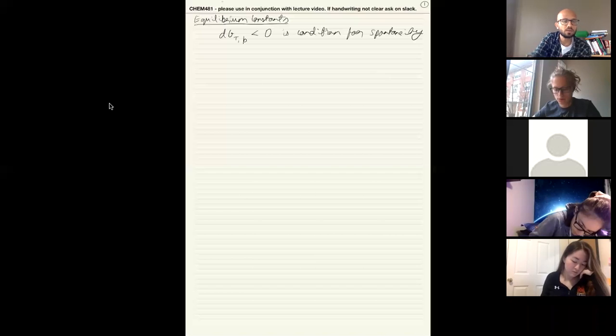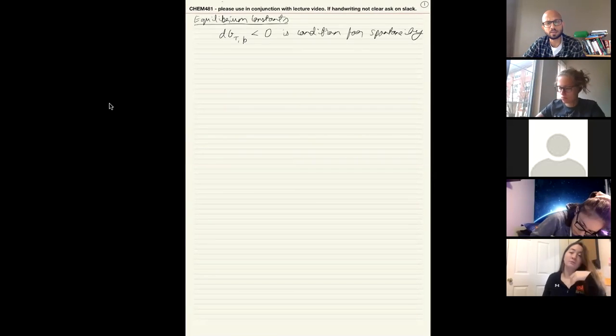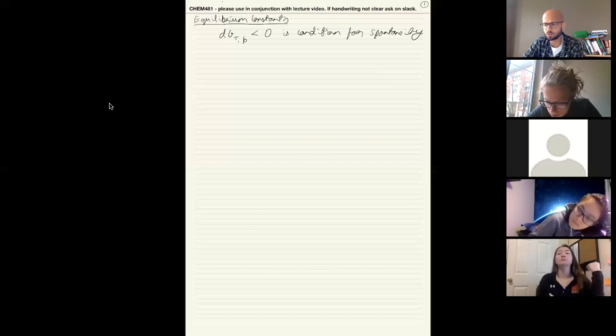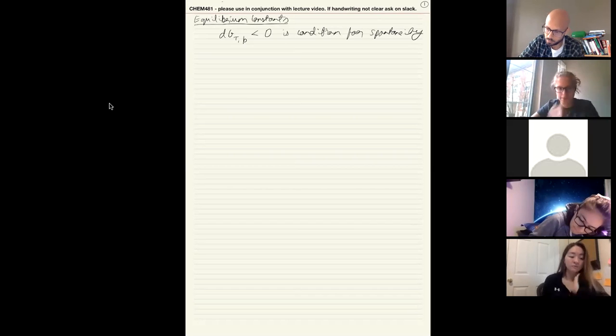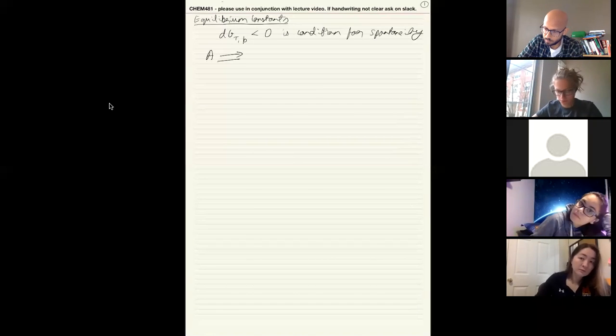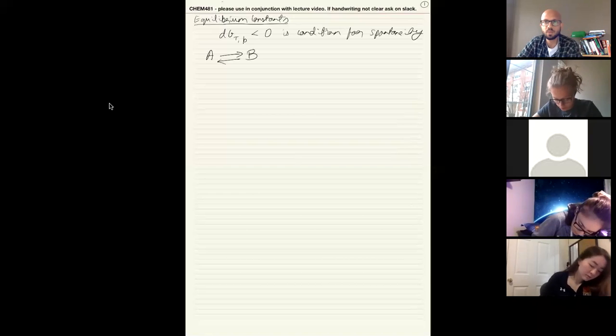If you're looking at constant temperature and volume, then you have to think about Helmholtz free energy. But at constant temperature and pressure, this is the thing that you care for. So what does this mean for a reaction? Let's say some generic reaction where A could convert to B and B could convert to A.